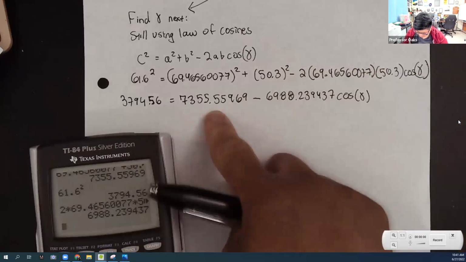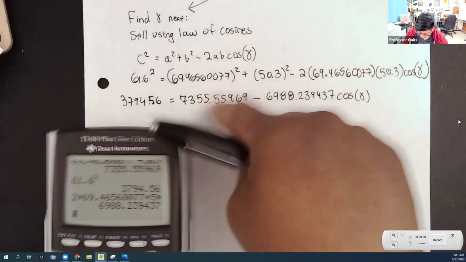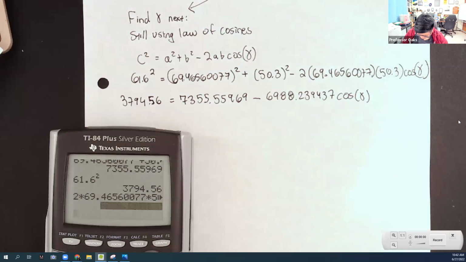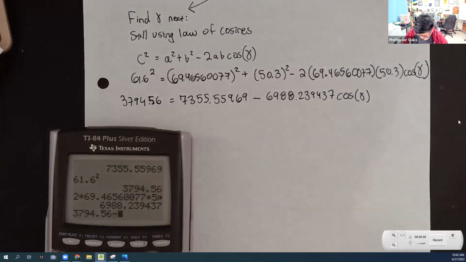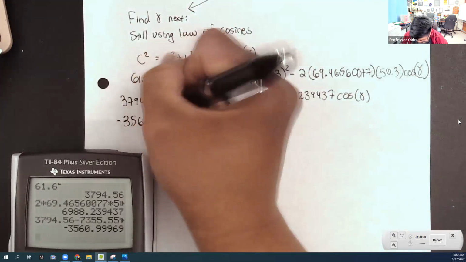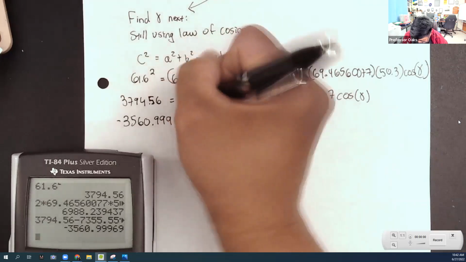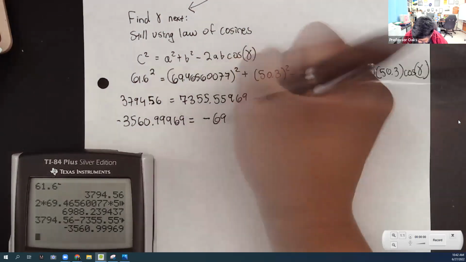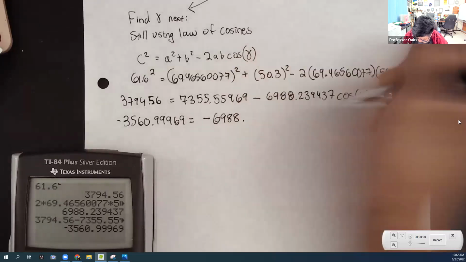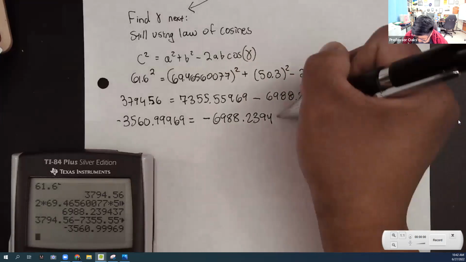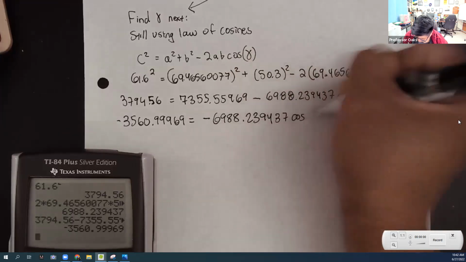Then I'll subtract the 7,355 number from the other side. So that minus that number right there, that's negative 3560.99969 will be negative 6988.239437 cosine of gamma.